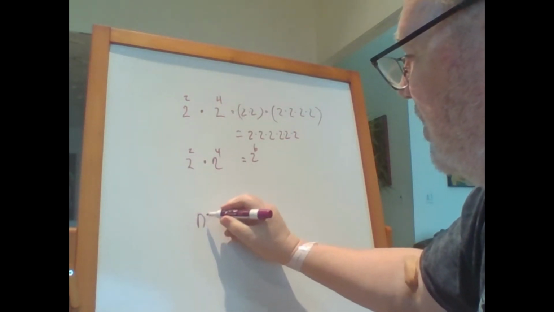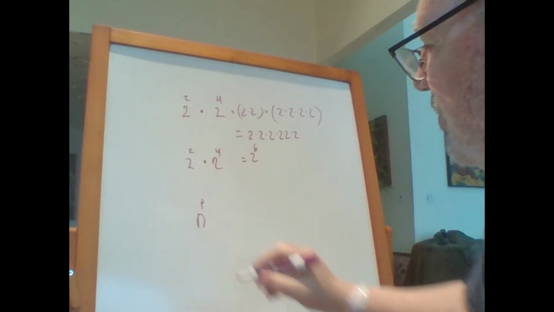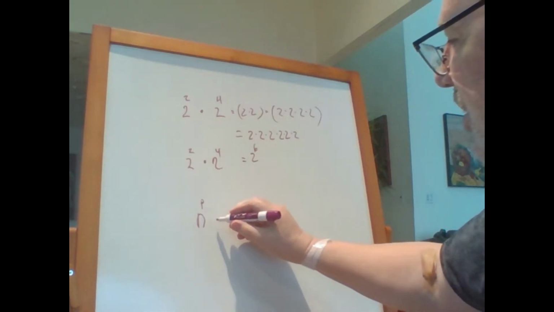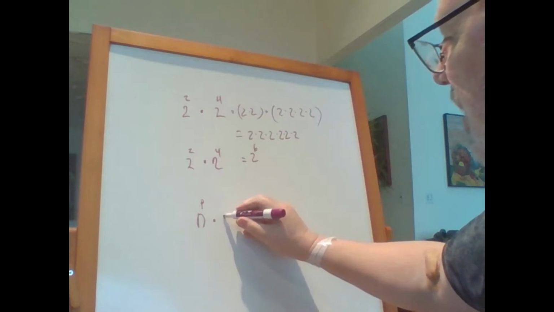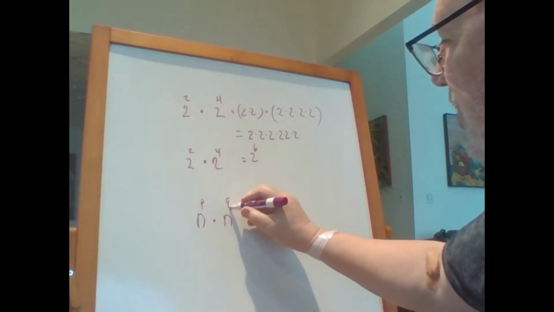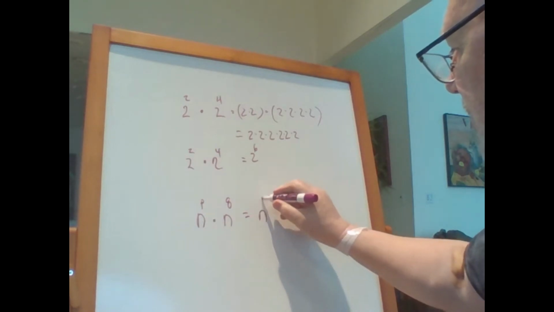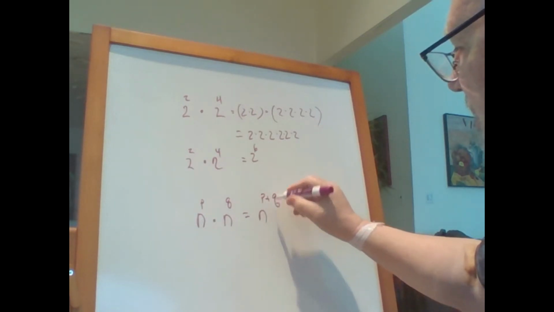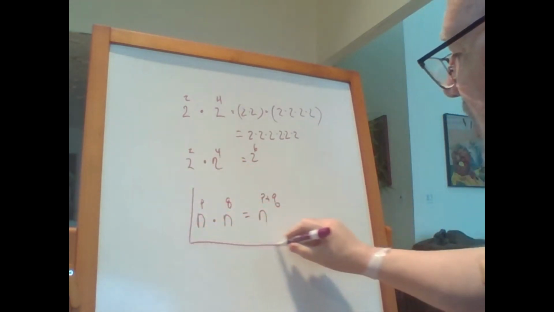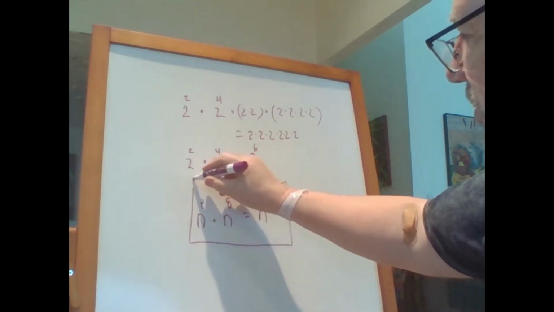So n to the p, where p is any integer, times n to the q is equal to n to the p plus q. And that's the law of exponents.